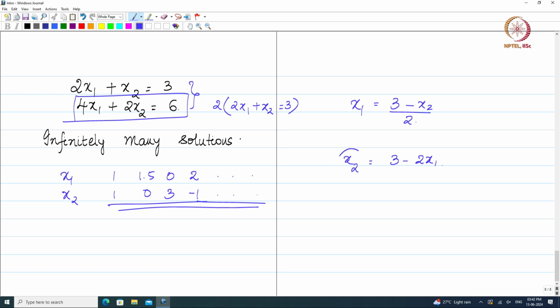You see that x2 can be expressed in terms of x1 itself.